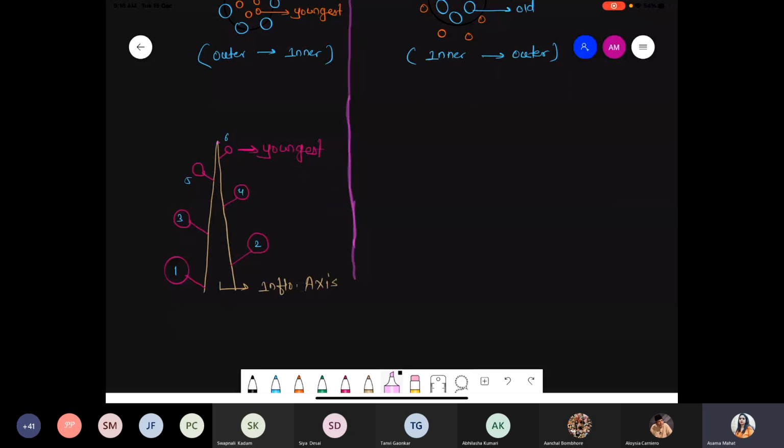Now next we are talking about cymose. Cymose, हमने देखा, shows limited growth, means on the apex, on the tip, on the top position a flower is present, and cymose also shows basipetal arrangement, means the youngest flower is present at the base. तो चलो दिखाते हैं उस तरह से. So again we are taking a very simple condition. Suppose ये inflorescence का axis है.